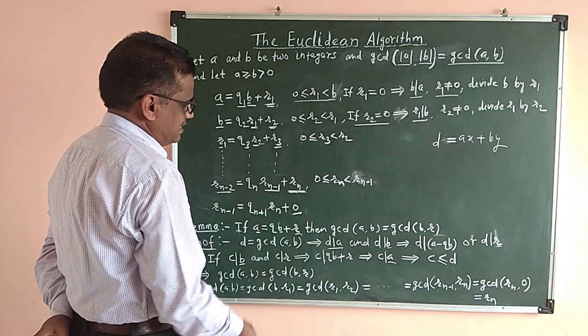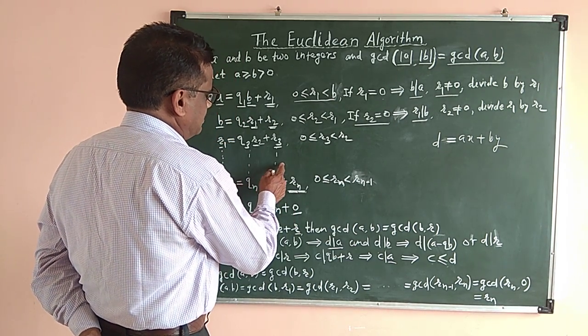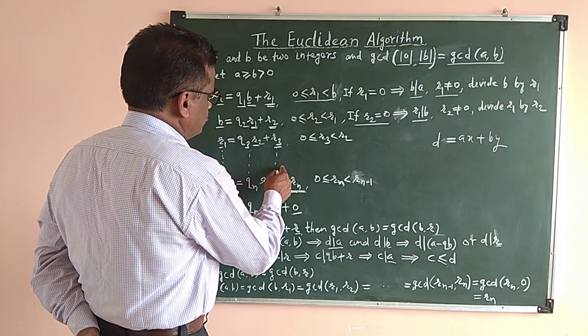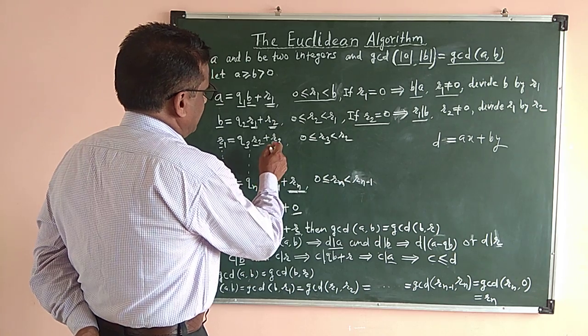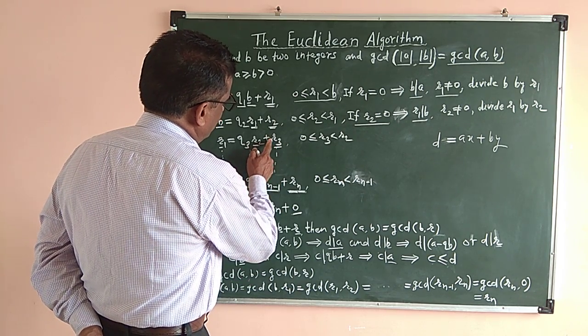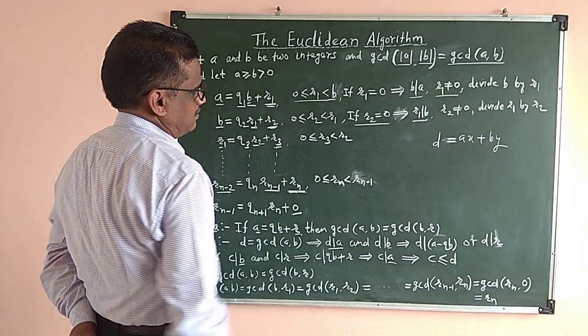Step by step we can eliminate Rn minus 1, Rn minus 2, Rn minus 3, and so on, R3, R2, R1.